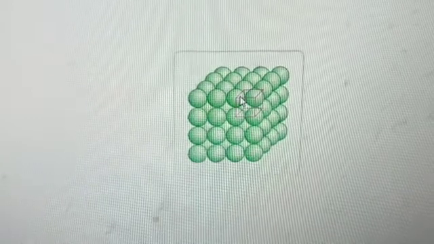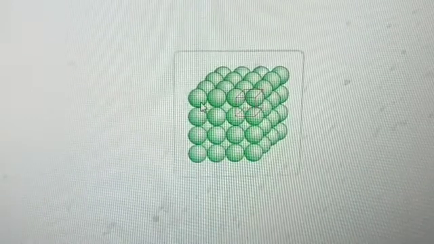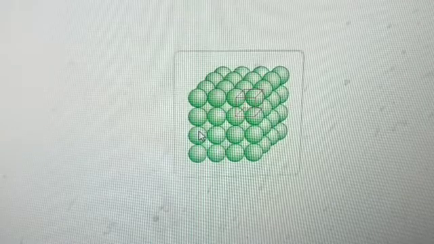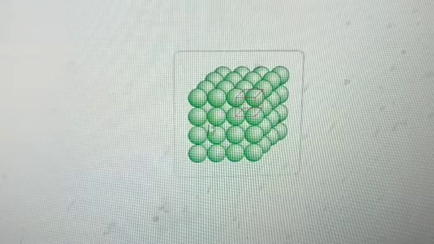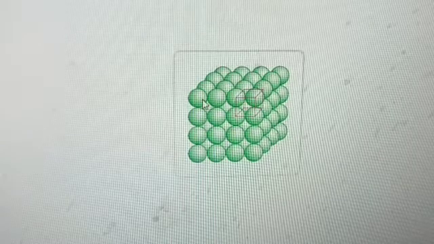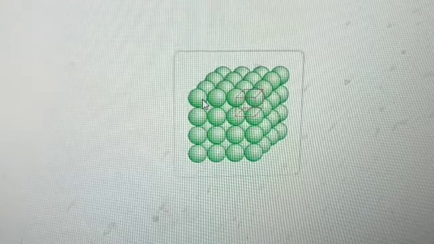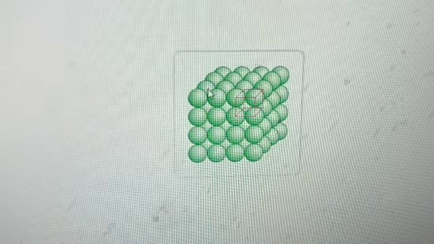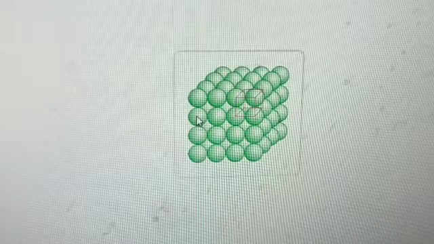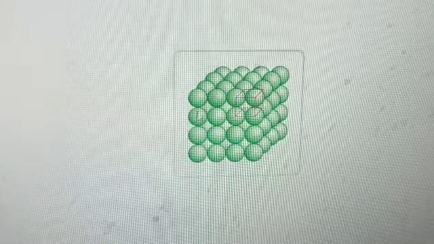When these layers, the square close packed structures, are arranged one onto the other like this, the atoms are exactly one onto the other. See here, the second layer should be placed just adjacent to the first layer, as these pairs are exactly onto the other.